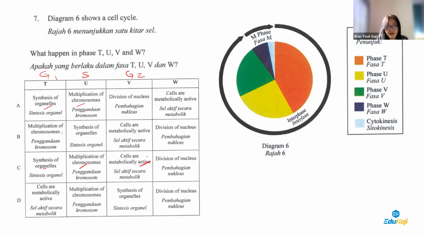And lastly, W is the mitosis phase, which is divided into nuclear division, karyokinesis, and cytokinesis.